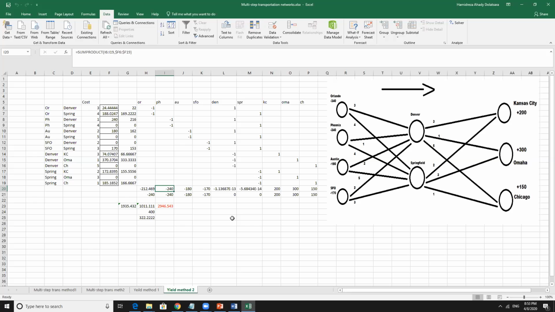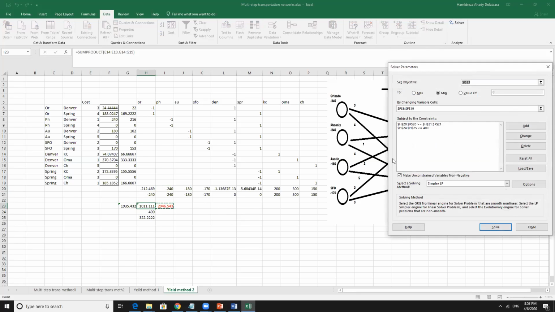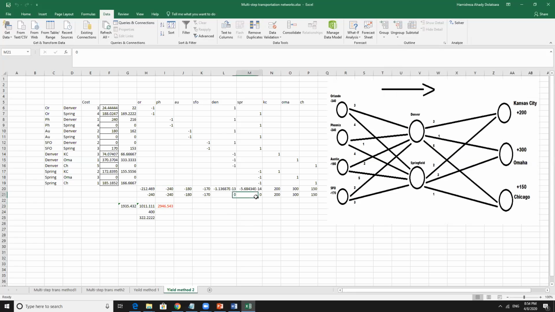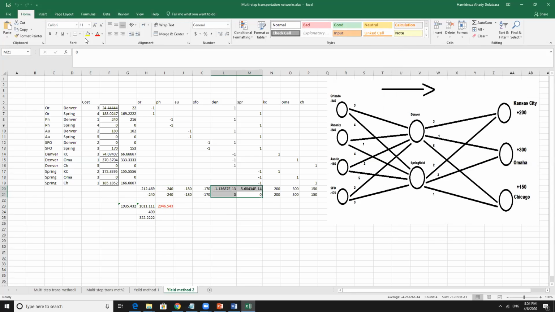So let me see what I wanted to show you. Okay, let me go to Solver. Oh, not this part. Look at this part of the approach.